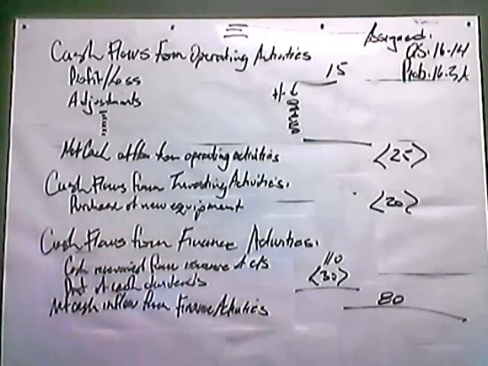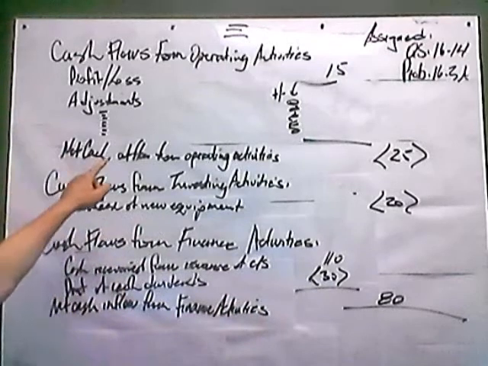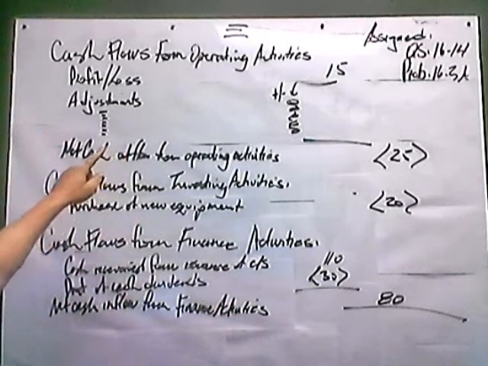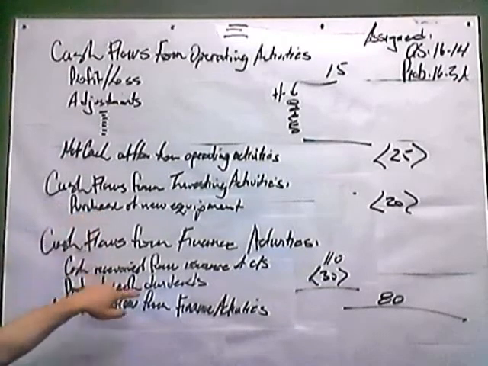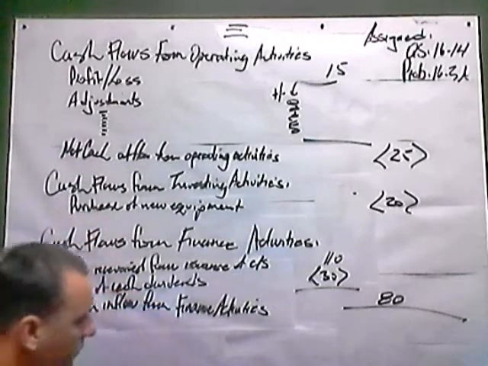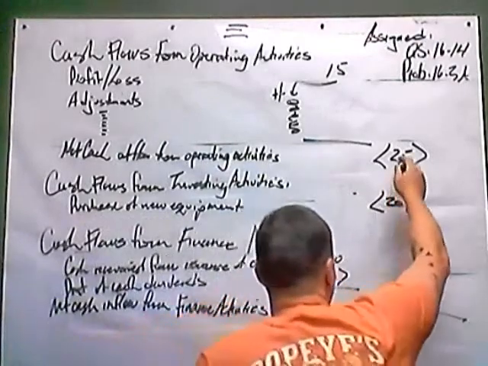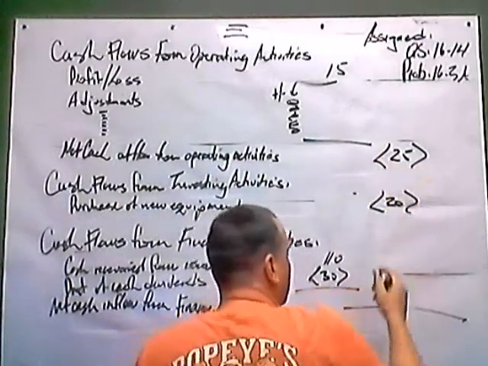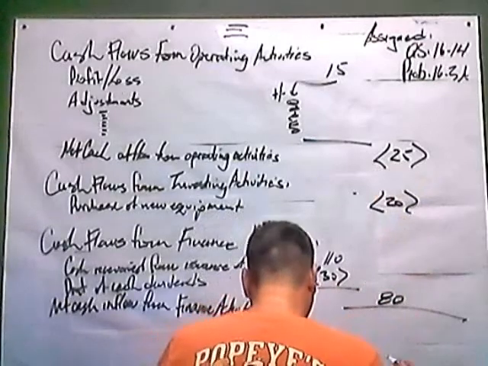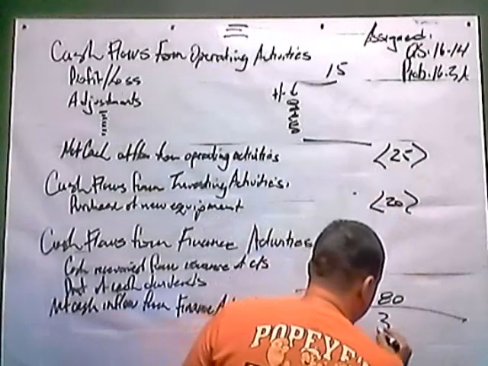Now, we've done our operating activity section, our investing activity section, and our financing activity section. We're going to take minus 25 plus minus 20 plus a positive 80, and that'll be 35.